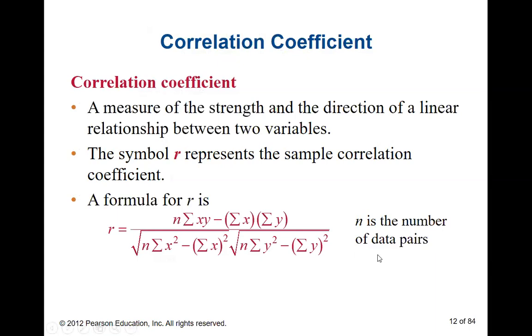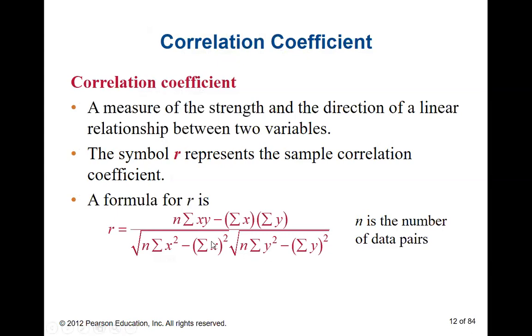It's the number of data pairs. So like the Yellowstone eruptions we were just looking at, how many ordered pairs were there? 25. We would have 25 here for our N. What is this symbol called? That's sigma. It means you do what? Add up.